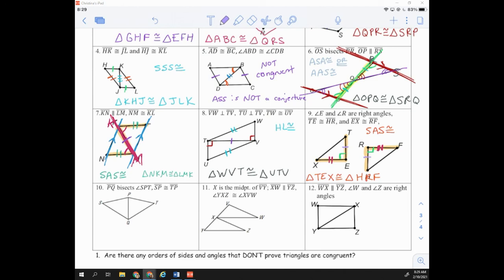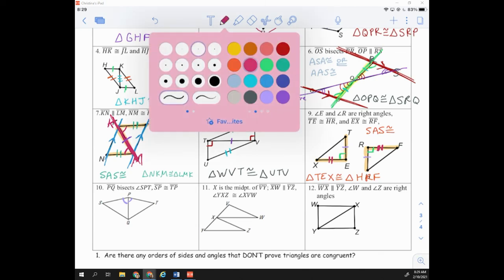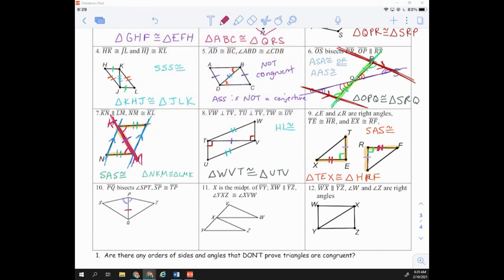PQ bisects SPT. So that tells me that this angle right here matches this angle right here. We know that PQ has to be congruent to itself. And we're also told that SP is congruent to TP.